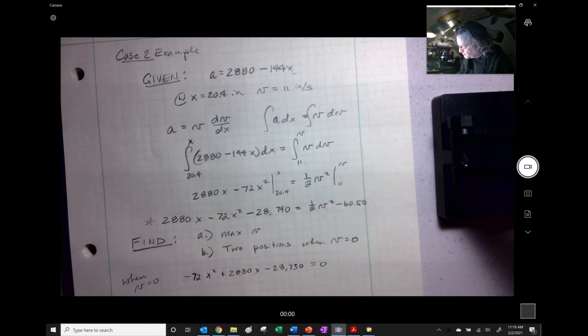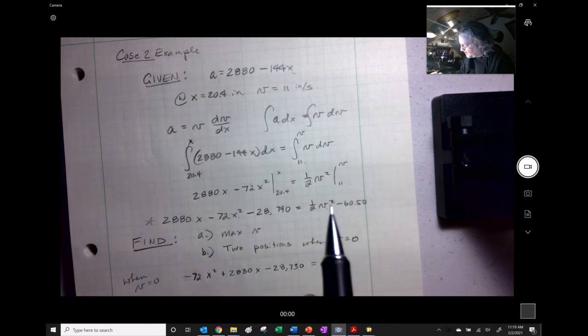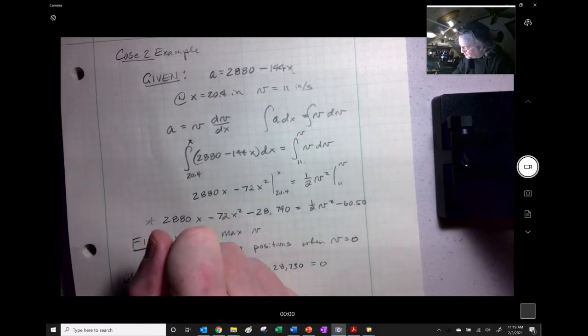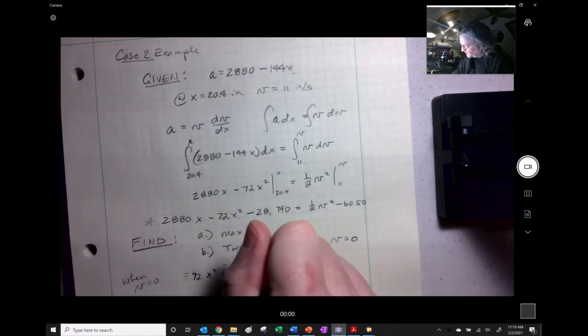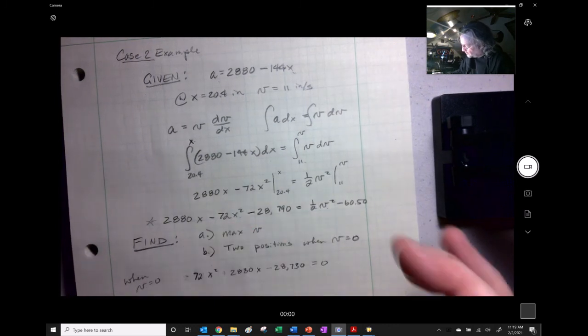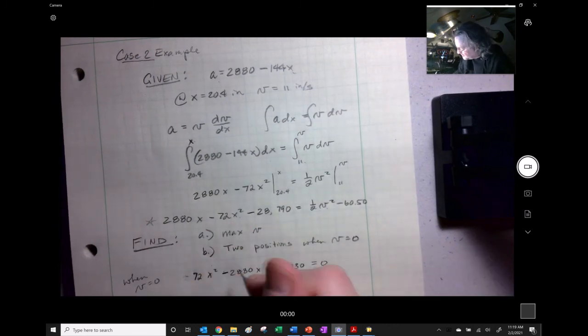And then, so we're going to find the x. I kind of prefer to rewrite this whole thing out. So I could just write this as negative and that as positive right there.